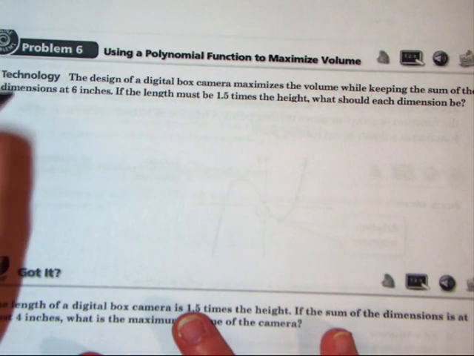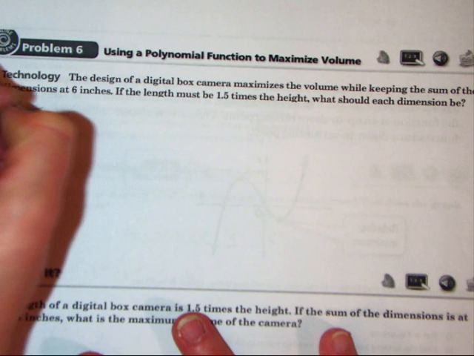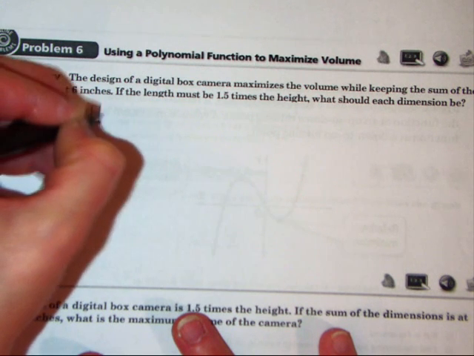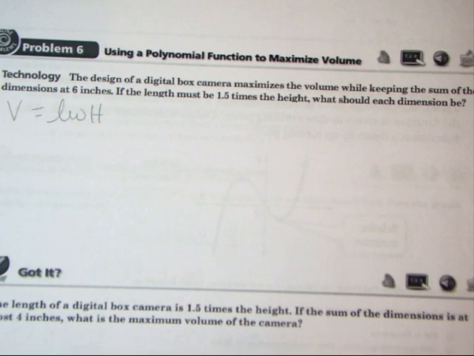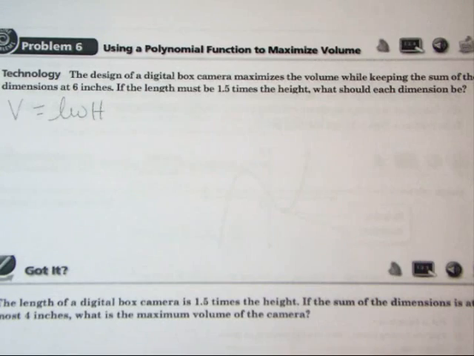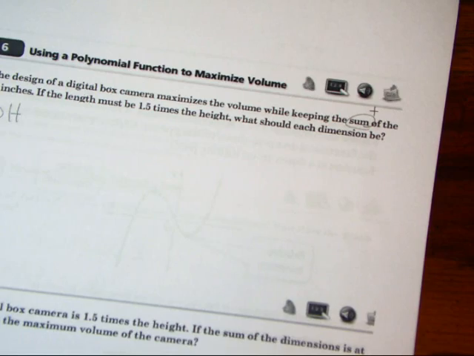What we're going to do is we're going to write down some formulas we know. We know, for example, volume equals length times width times height. And now what we're going to do is we're going to write down one more formula. It says the sum of the dimensions. Well, do you guys know what the word sum means? It means addition.